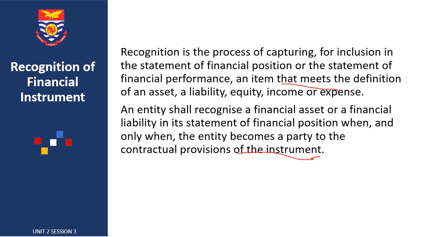And you only recognize this when the item meets the definition of an asset, a liability, equity, income, or expense. Even if it meets it, you have to ensure that you are a party to the contractual provisions of the financial instrument before you can recognize it in your books.